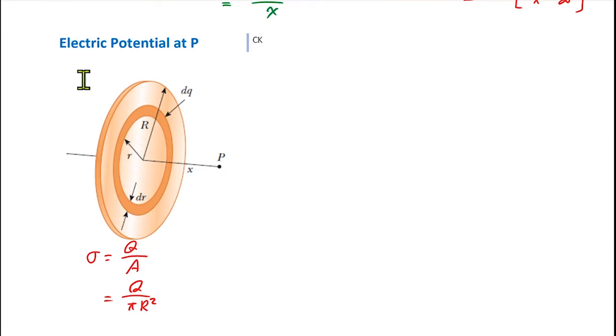Good. Okay, then. So this ring has charge dq. Now what we have is space. I'm going to calculate dV. And dV is k dq over the distance, correct?